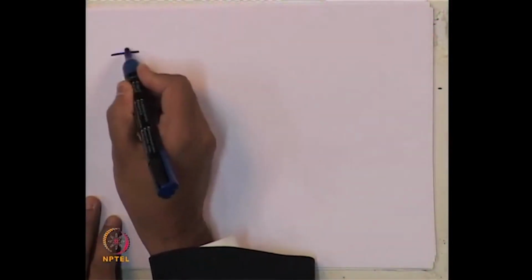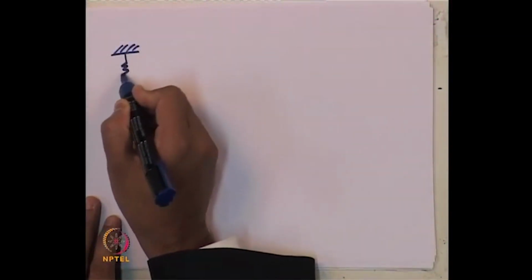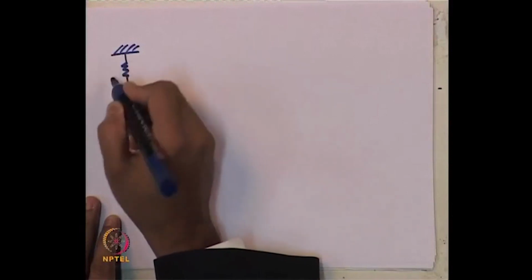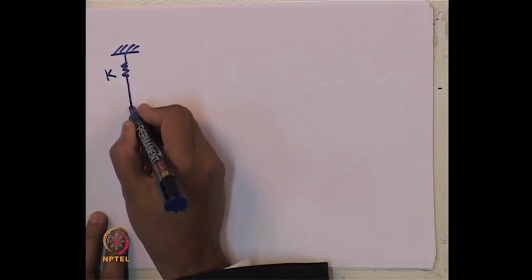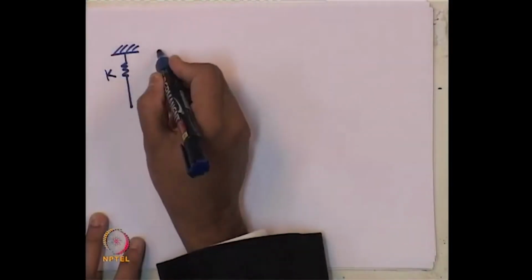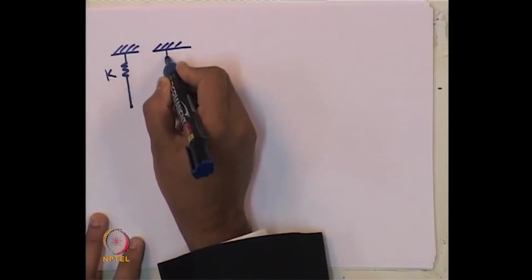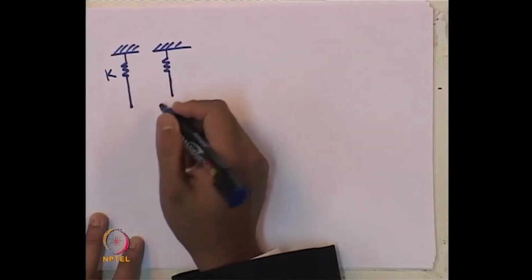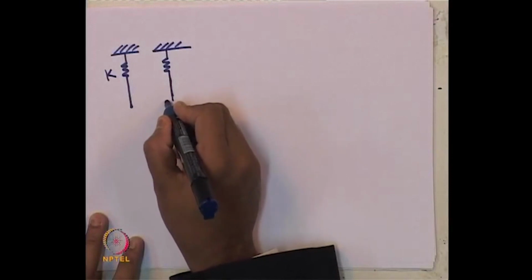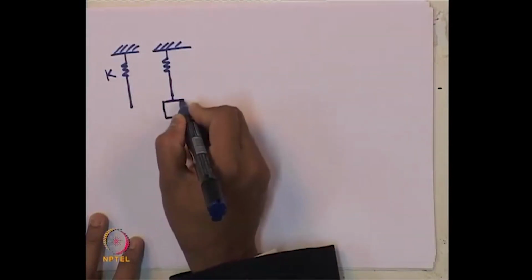What happens? What is the governing equation of motion for that system? Let us see. Let us say initially we have a spring hanging like this. Then to that system we attach a mass at one instant of time.